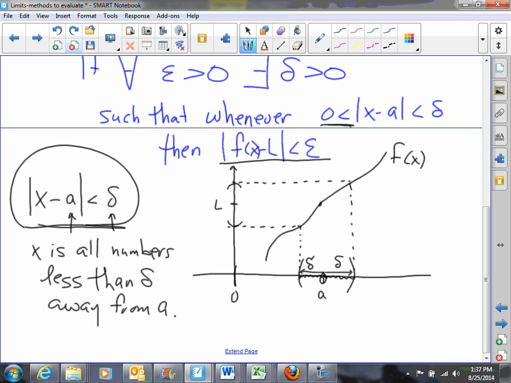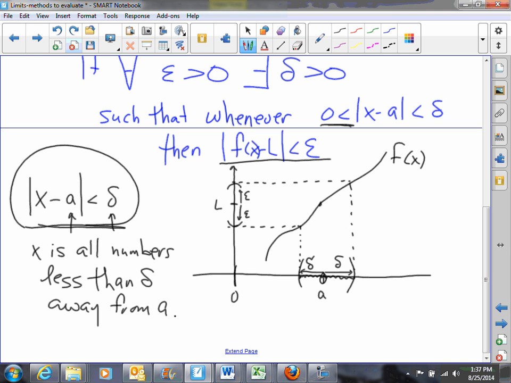Now, what we're going to do is start by saying this would be the epsilon radius around L for another open interval.